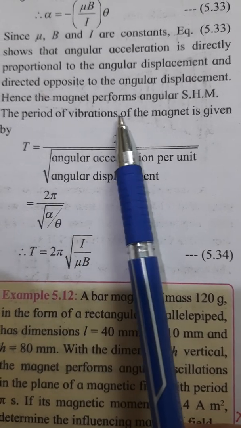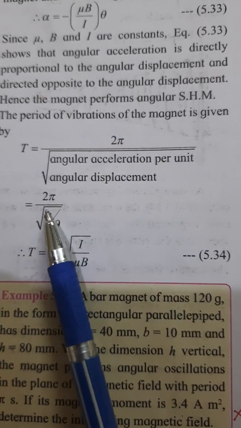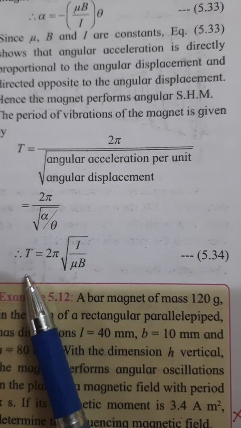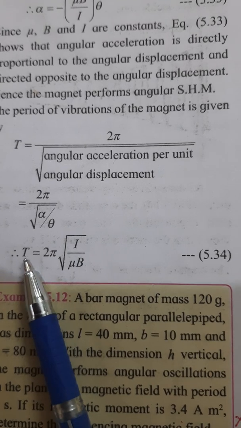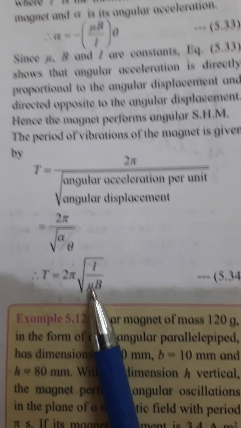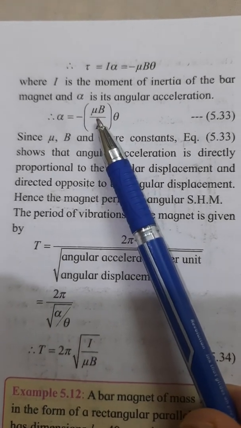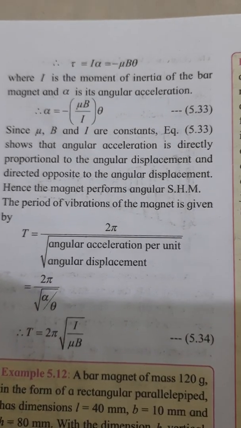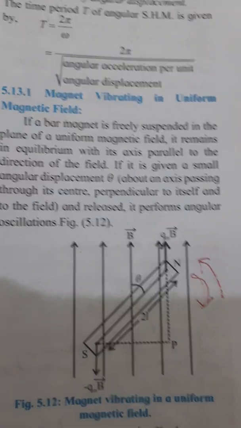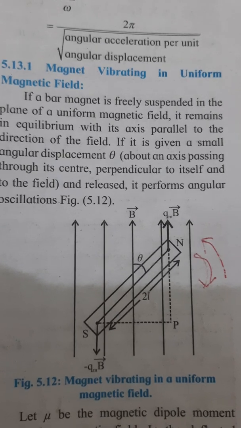So T equals 2 pi divided by the square root of alpha upon theta. Ultimately, the period equals 2 pi times the square root of I upon mu B. So this is about a magnet vibrating in a uniform magnetic field.